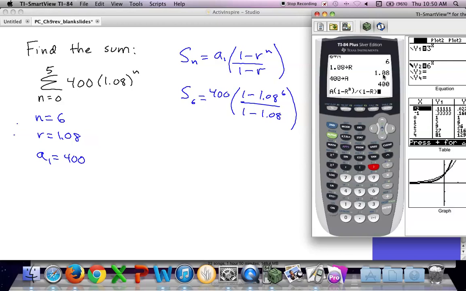Now, because the calculator has all those values, you just do that. 2934.372.